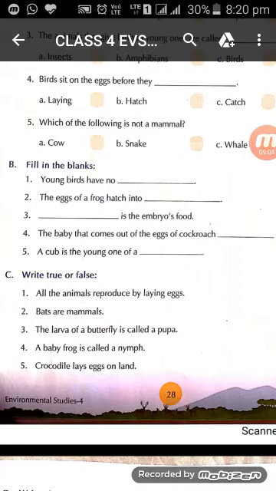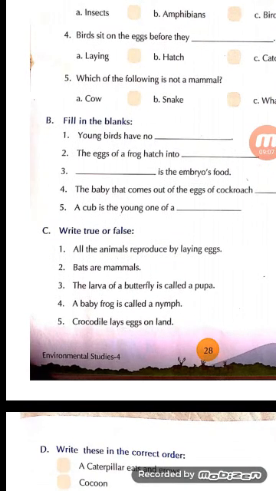Now coming to the next question. Write true or false. Here children, first one is all the animals reproduce by laying eggs. But, is it true children? No, because in the chapter we have studied animals produce young ones by 2 ways.